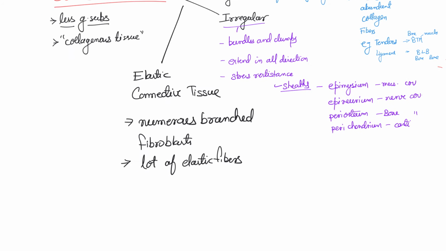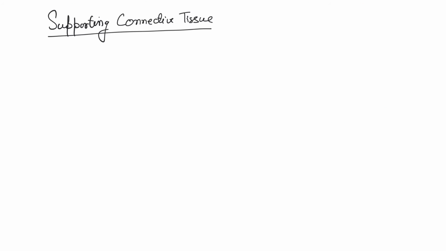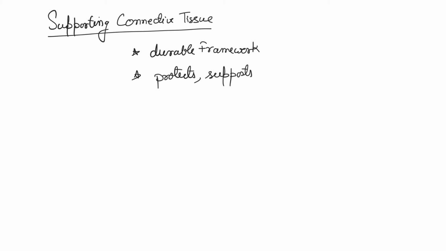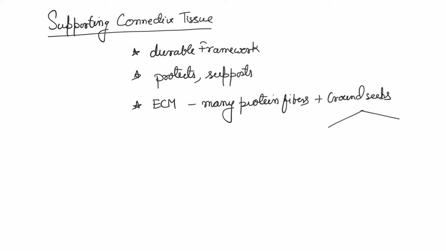They are generally found in the walls of large arteries, in the trachea and vocal cords and so on. So supportive connective tissue is basically a durable framework that is supposed to protect you and provide support for the body.